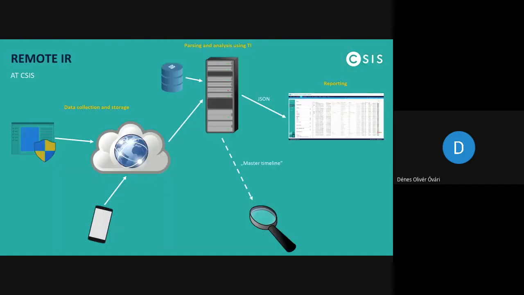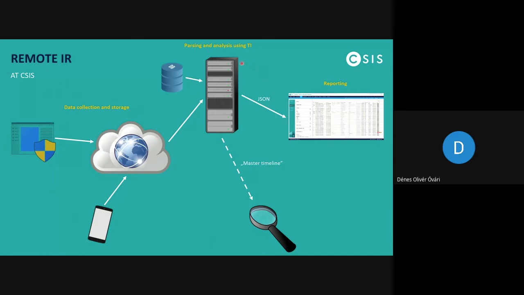Our architecture is quite ordinary, I guess, in terms of incident response. We have the collectors that collect the data from the devices like a Windows computer or even Android, if needed, and then they encrypt the data and upload it to the cloud.